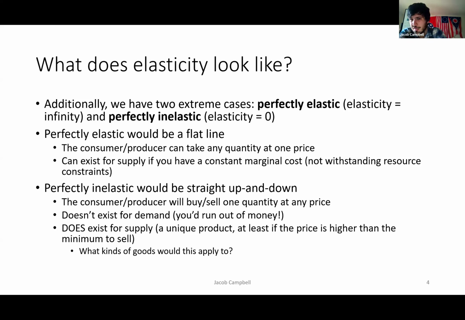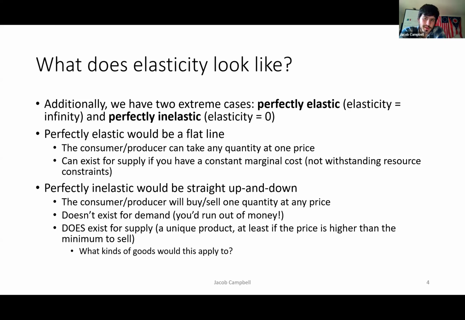So what do you reckon these are going to look like? Well, if elasticity is equal to infinity, an infinitely steep slope, that's going to be like a line that's straight up and down. Whereas if your elasticity is 0, if your slope is 0, if it's not steep at all, that's going to be like a flat line.